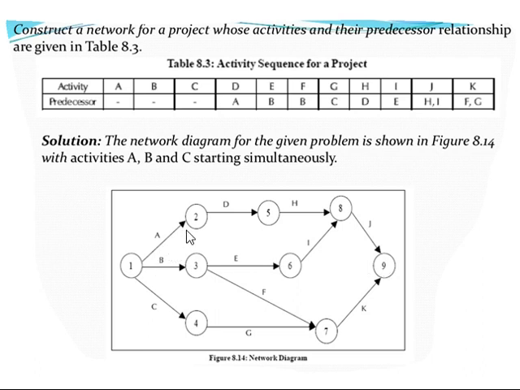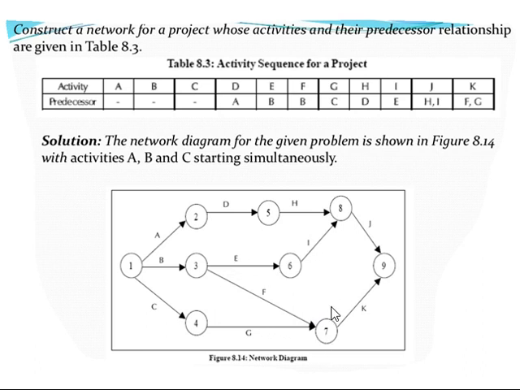If you are observing all the arrow marks, they are moving from left to right with respect to direction. And also, none of the node numbering or event numbering is repeated. You should not use the same node again and again. And there is no looping.